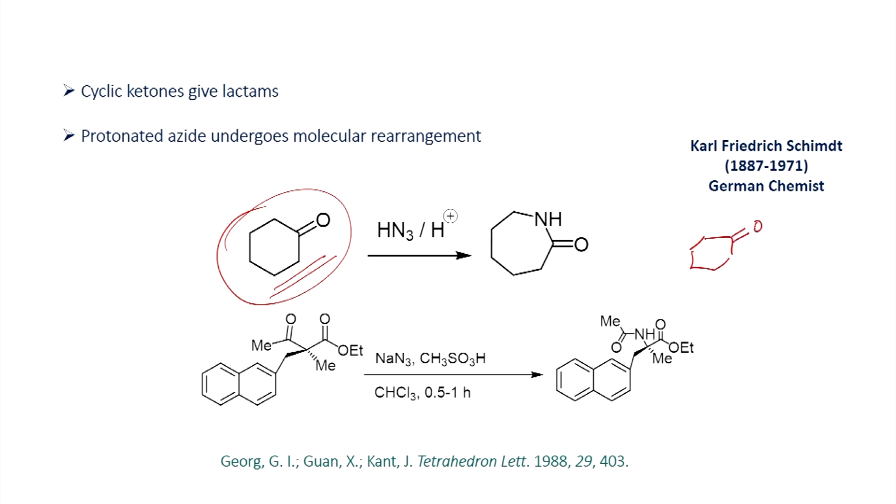with acid. You can protonate this carbonyl group, you will have this one, and now it is more electrophilic in nature, which can readily undergo reaction with HN3, and you will be able to have this intermediate.